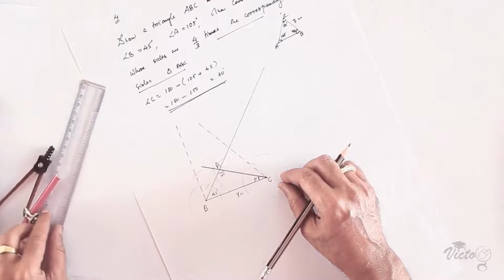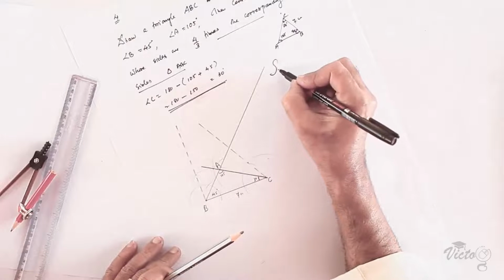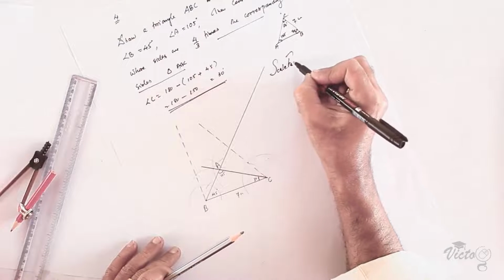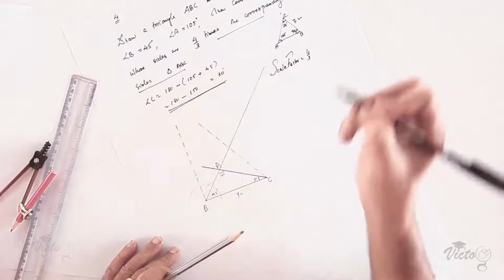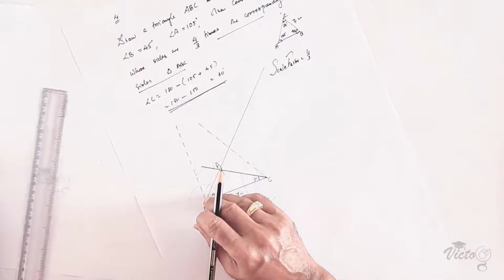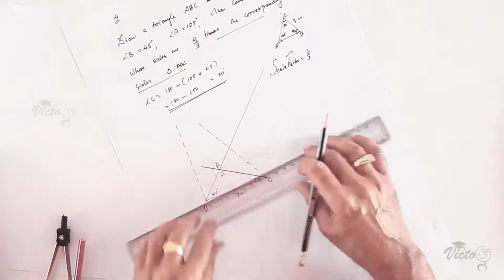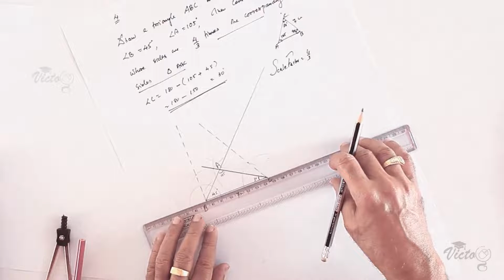Now we have to draw a similar triangle with the scale factor 4/3. 4 by 3 is an improper fraction and its value is greater than 1. So we will get a triangle which is larger than the original triangle. So produce the side BC.